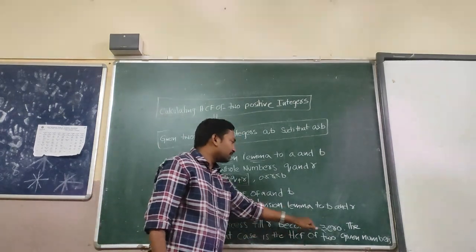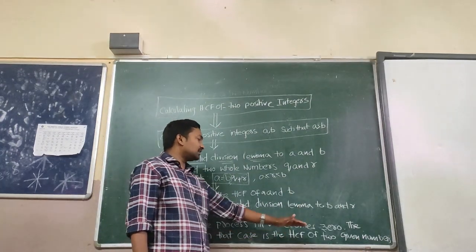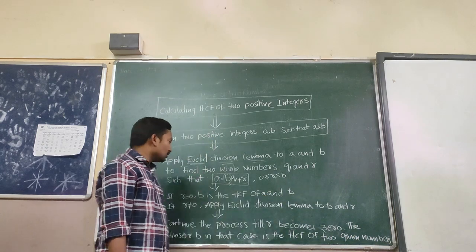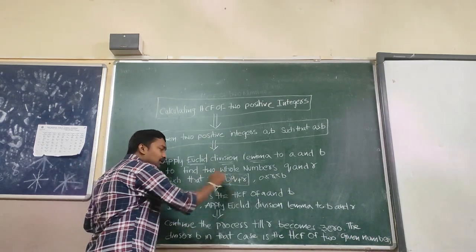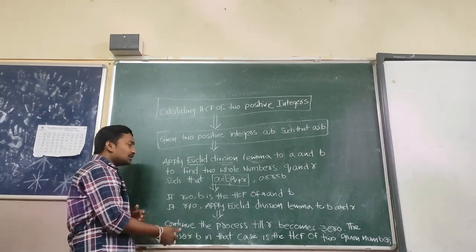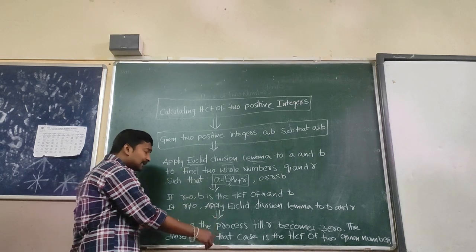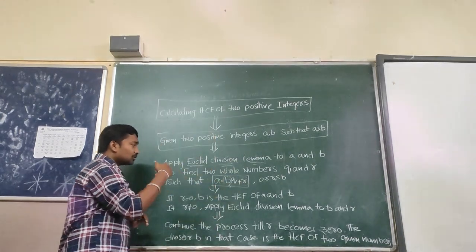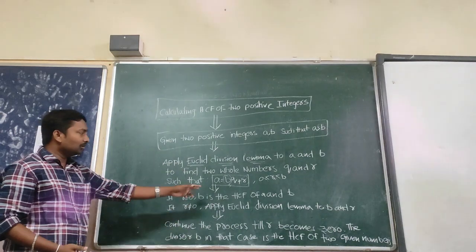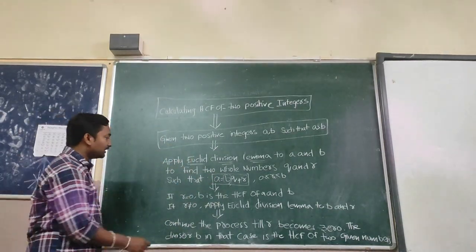When R becomes 0, the divisor B is the HCF of the two given numbers.